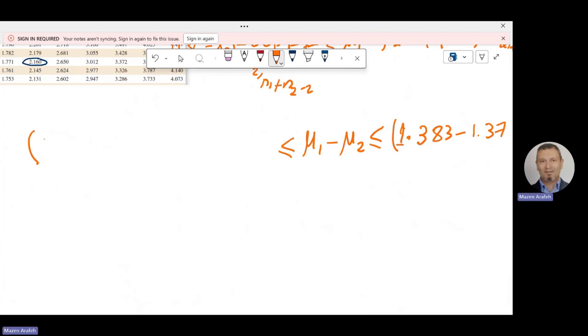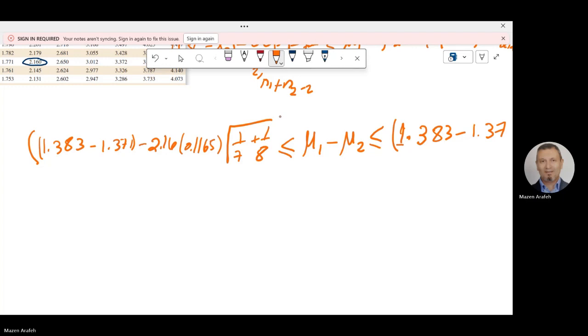I have x1 minus x2, 1.383 minus 1.371, minus t alpha over 2, which is 2.16, multiplied by the pooled standard deviation, 0.1165, multiplied by the square root of 1 over 7 plus 1 over 8. Okay, I leave that for you to calculate.